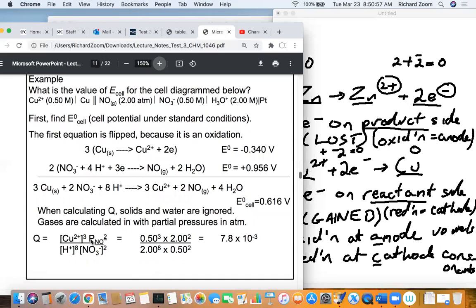Once we get down to the step where we're calculating Q, you'll see that it's NO with the 2 in front of it here. So that's going to be the pressure of NO squared. We just treat that exactly as we would a molarity. That's all I really wanted to show you with that example, that the atmosphere would be treated exactly as a molarity would be. Does anybody have any questions about that?